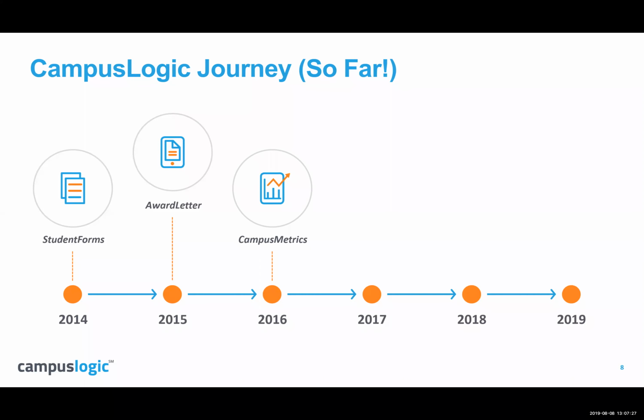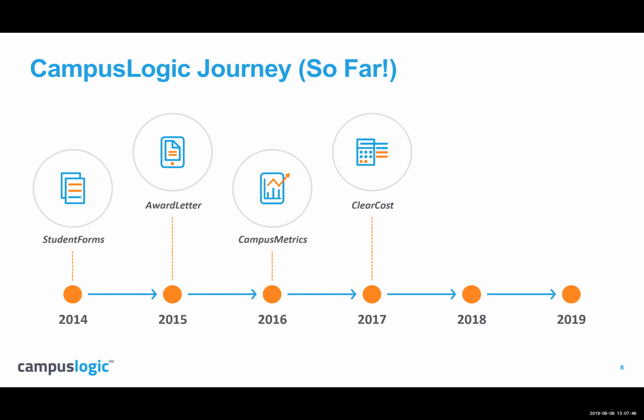In 2016, we launched the first financial aid business intelligence tool, focused on trying to drive better student outcomes from a financial perspective by giving the financial aid office data visualization and analytics specific to them.